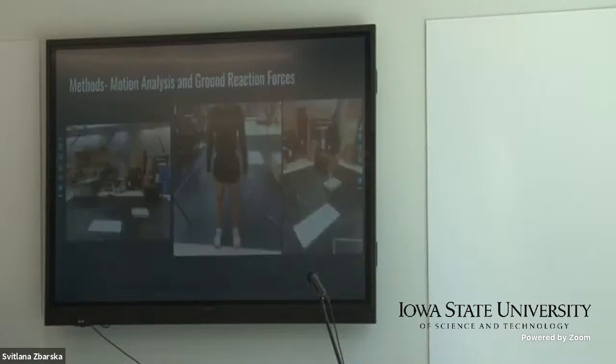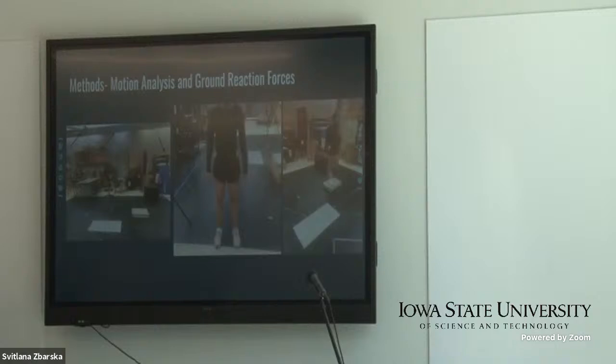So motion analysis data is collected using a 12-camera Qualisys system in the lab that essentially captures the three-dimensional position of the participant. There are 21 total retroreflective markers placed on the participant on their dominant foot, leg, and then hips, shoulders, and back of the neck.